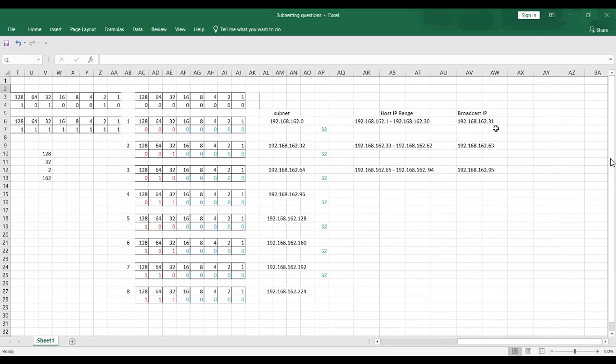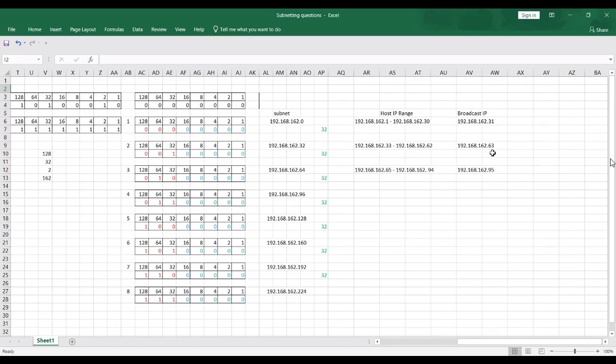It should definitely be 32, since the broadcast address here is 31, and the first host IP address should be 33. If the broadcast address is 63, then the last IP address should be 62.